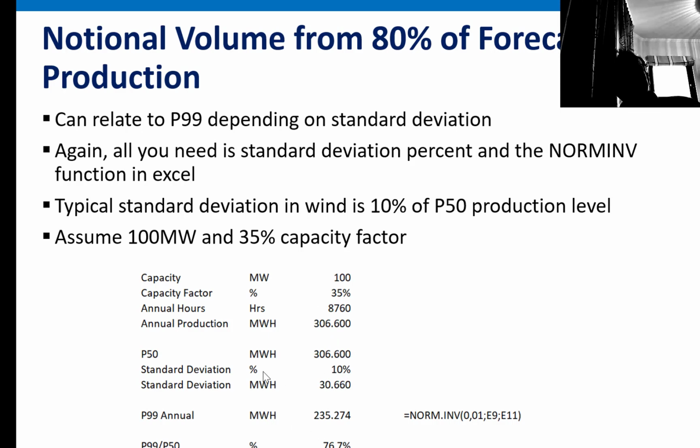And if we have a typical standard deviation of 10%, and even if we're a lawyer, we're not afraid of standard deviations. And if we have a capacity factor, then we use 8760 and get a production amount. We take this production amount, take a standard deviation of 10% of that production amount, and then we use norm inverse, and we find that the P99 value relative to the P50 value is about 80%.